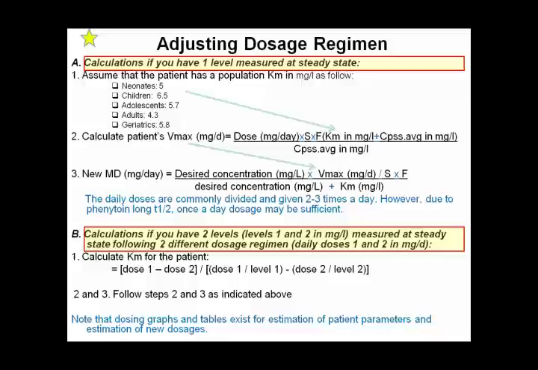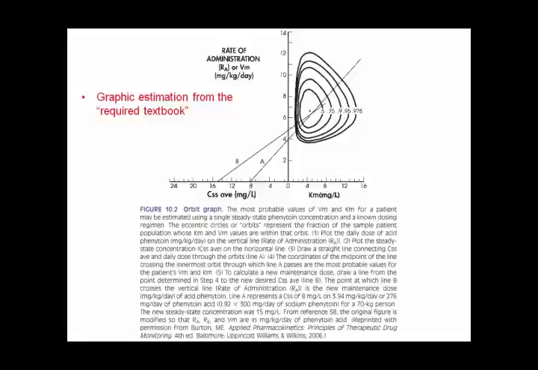Also, dosing graphs and tables exist, and I made a table myself and I'll show it to you in a little bit. This is a graph to estimate Km or Vmax with different degrees of probability according to measured levels.